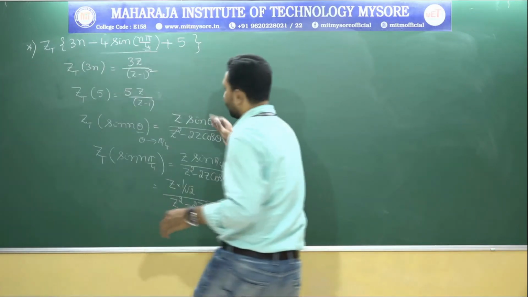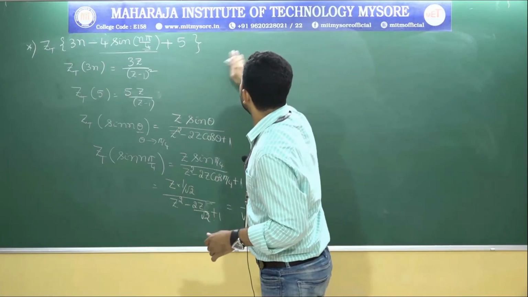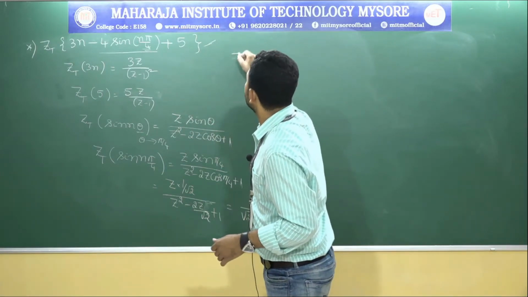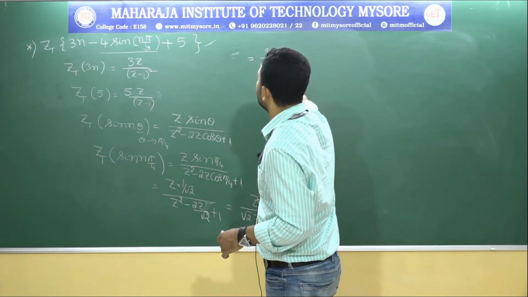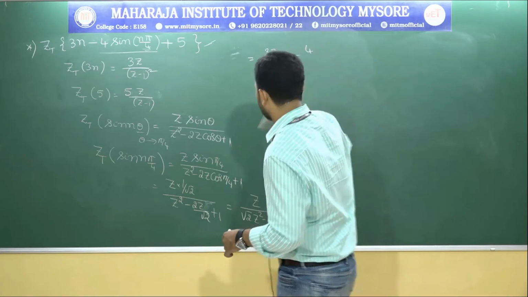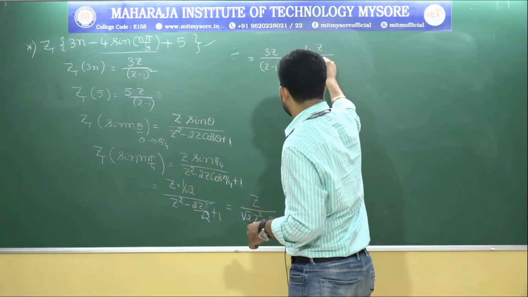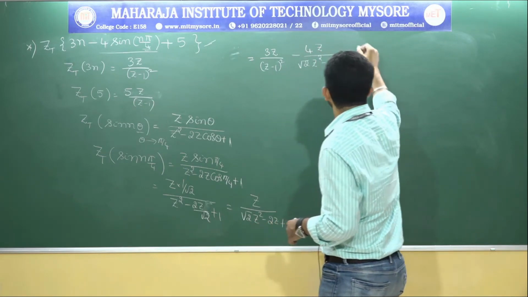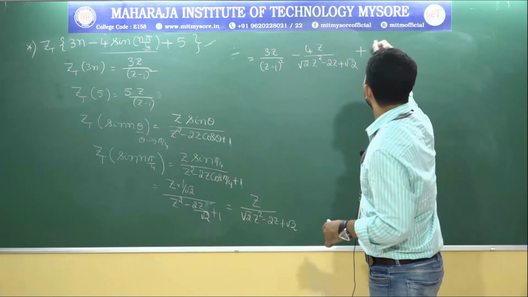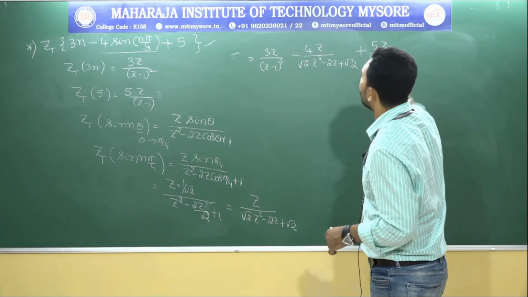So by applying these three things, the solution is 3z divided by z minus 1 whole square minus 4 z divided by root 2 z square minus 2z plus root 2, plus 5z divided by z minus 1.